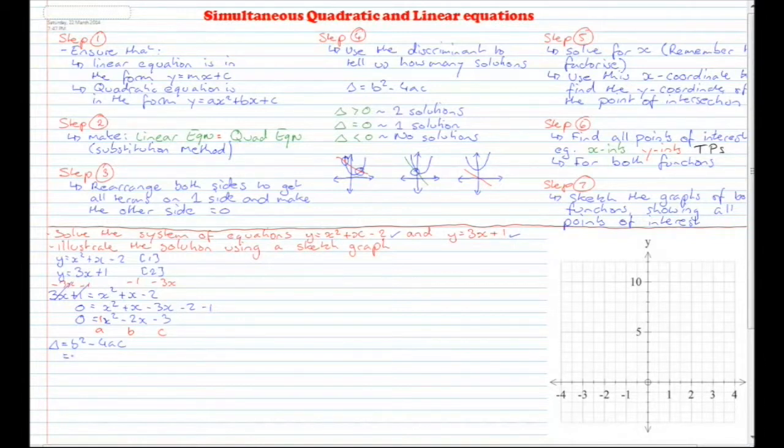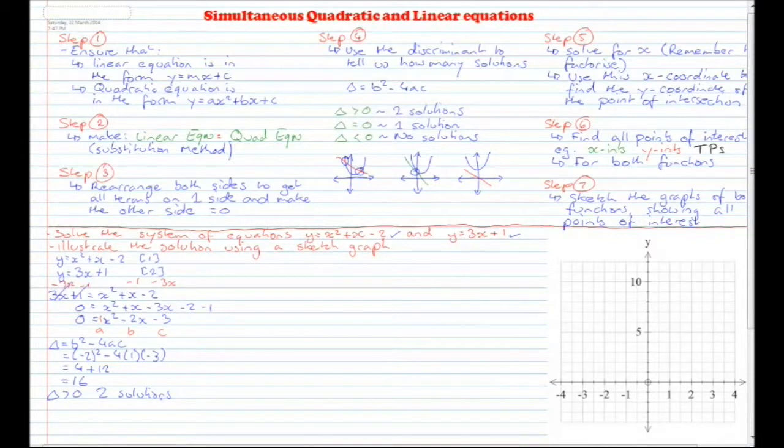We've got b squared being negative 2 squared minus 4 times a being 1 times c being negative 3. Negative 2 squared is 4. Negative 4 times 1 is negative 4, times negative 3 is positive 12. So therefore I end up with an answer of 16. And because the discriminant is positive, we have two solutions. That is, both graphs will intersect with each other twice.